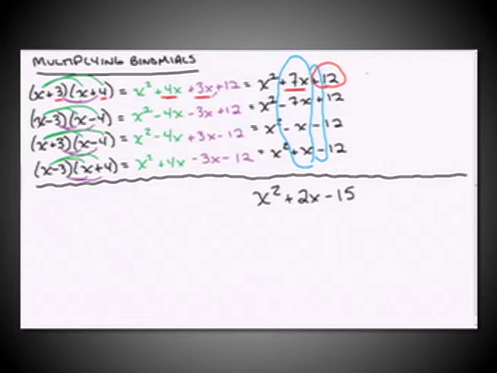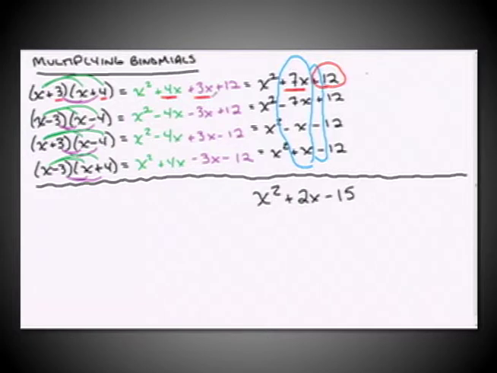So that's where the second step in this process comes in, asking yourself what factors of c, or the constant term, add to make b, which is the coefficient on the x term.